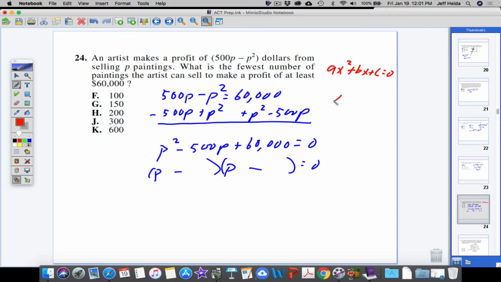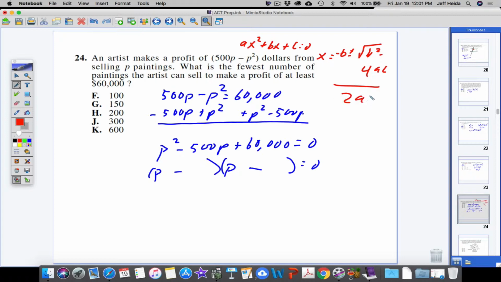You can use the quadratic formula. Let me rewrite that up here. ax squared plus bx plus c is equal to 0. Then x is equal to negative b plus or minus the square root of b squared minus 4ac, all under the radical, all of that divided by 2a.